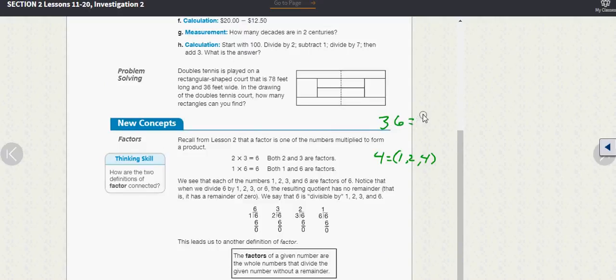Can claim, of course, 1 and 36, 2 and 18, 3 and 12, 4 and 9, and then 6 and 6. Right? So composite, meaning there are lots of factors, or at least more than the number itself and 1.